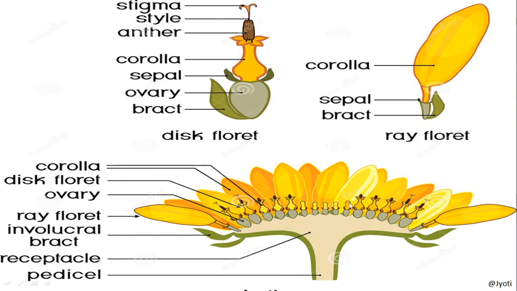If the central disc part is considered as the sun, then the florets at the periphery can be considered as the rays of the sun. That's why they are called ray floret. Besides that, all these flowers are covered by one or two involucre. Involucre means the bracts are present in a whorl, in a circle, and cover the bases of all flowers.